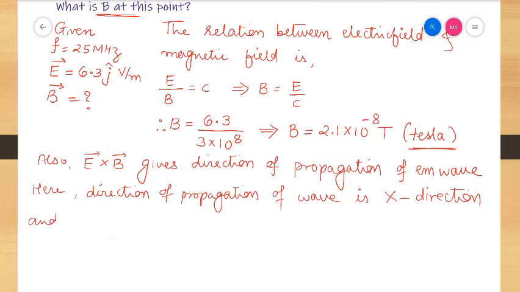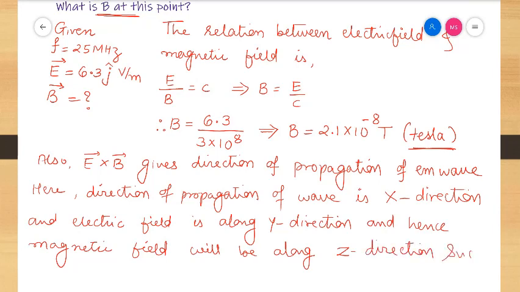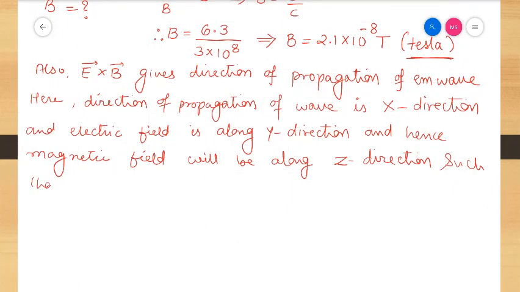and electric field is along y direction, and hence magnetic field will be along z direction, such that E, that is along y direction, that is j cross k, will give us i.